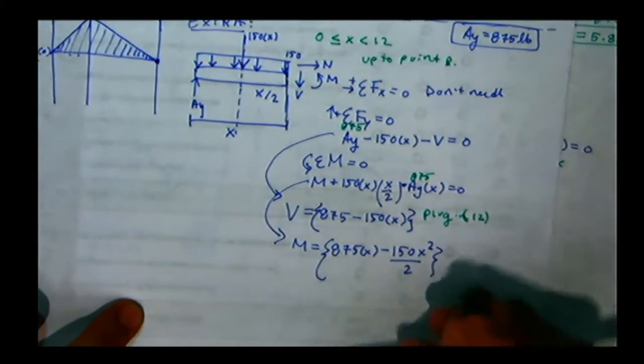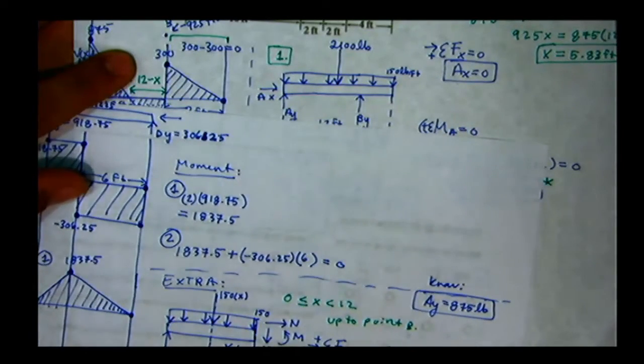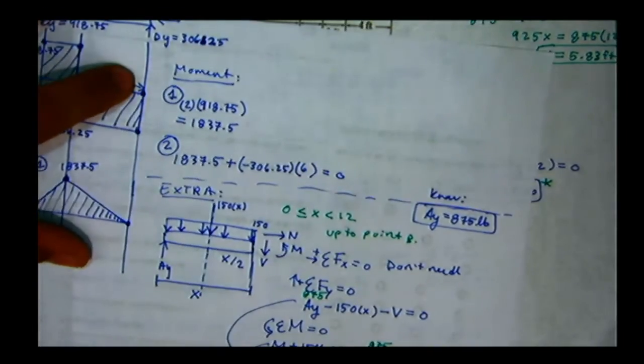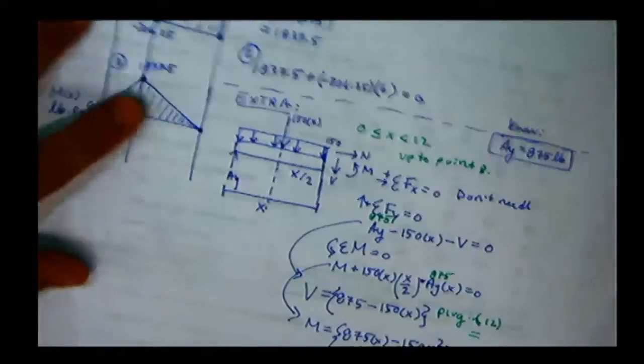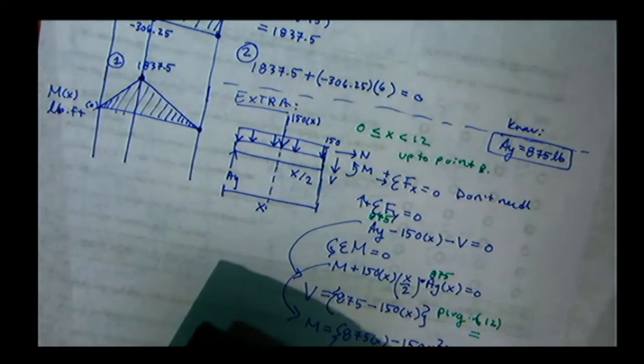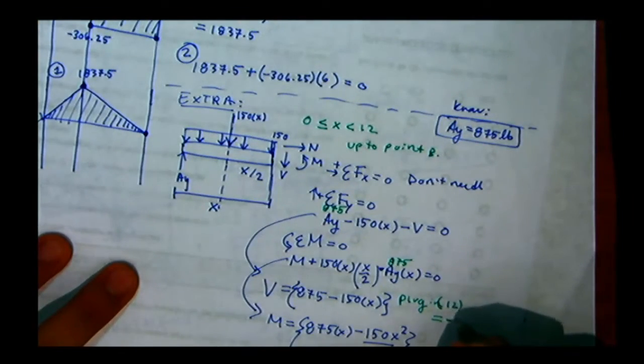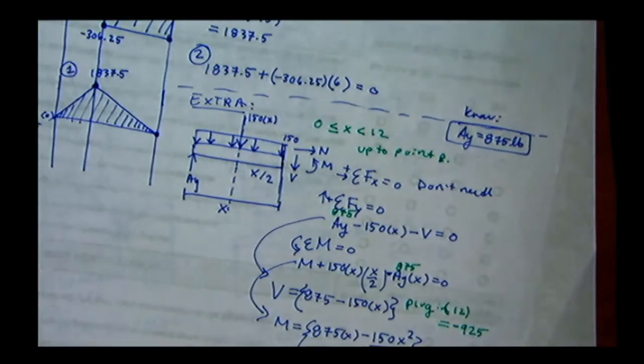What do you get? Do you get negative 925? Okay. Tells you this point. So our equation is correct.